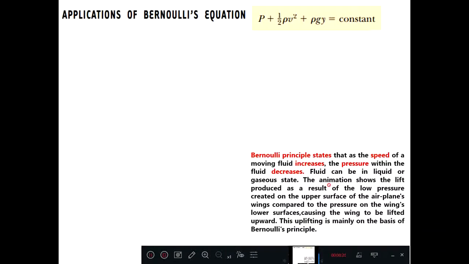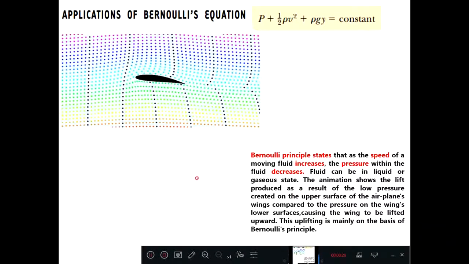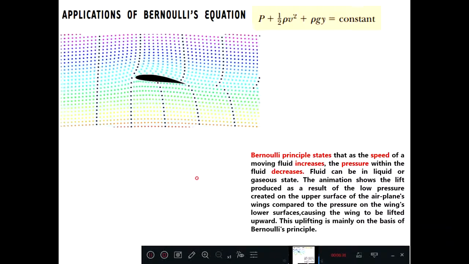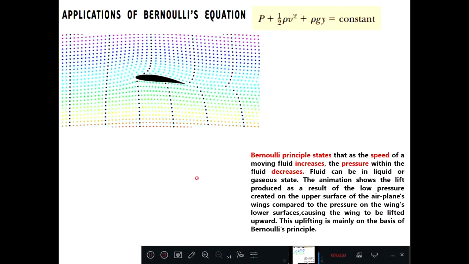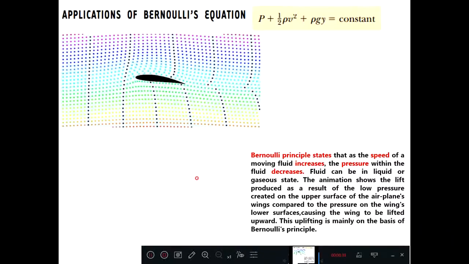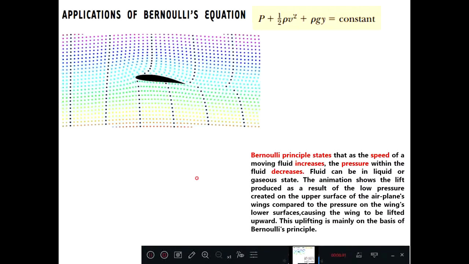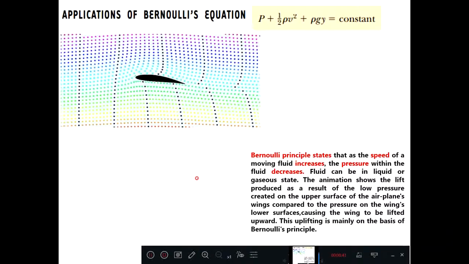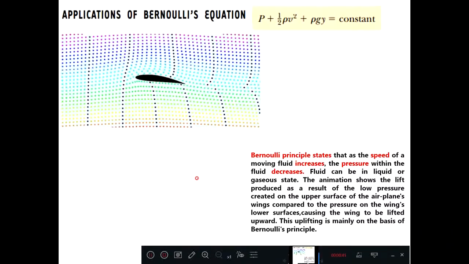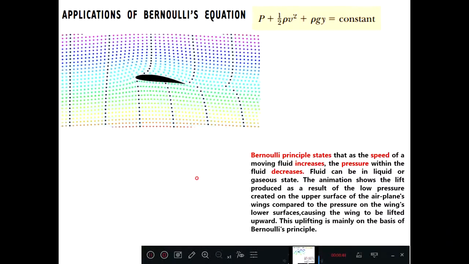Okay, the animation shows the lift produced. So here we are taking the aeroplane, that is the lift produced as a result of the low pressure created on the upper surface of the aeroplane wings compared to the pressure on the wing's lower surface, causing the wing to be lifted upward.